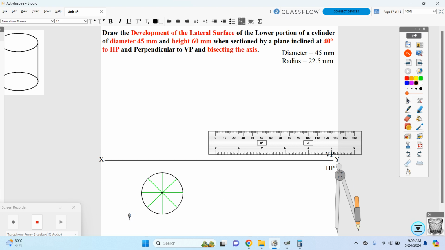So I am going to consider my base as the A starting point and my top as the P starting point.